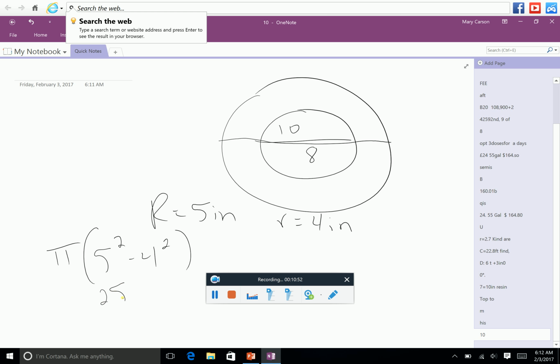So that's 25 minus 16 times pi. So this will be 9 times pi. And then you would end up with 28.27 inches squared. And we want about 3 significant digits, so that would be 28.3 inches squared.